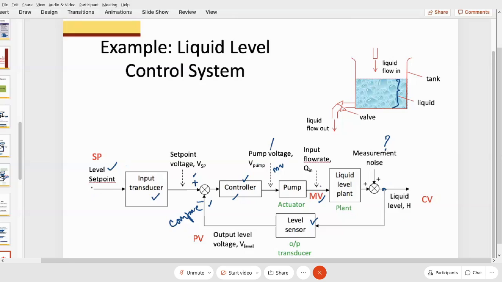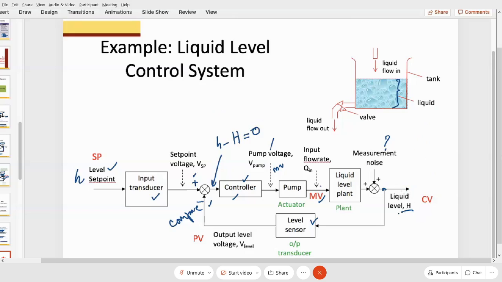In this case, if your set point is H and your current output is H here, the error is H minus H, the difference between your set point and your actual level. What we need is H minus H equal to 0, so your system is very accurate.